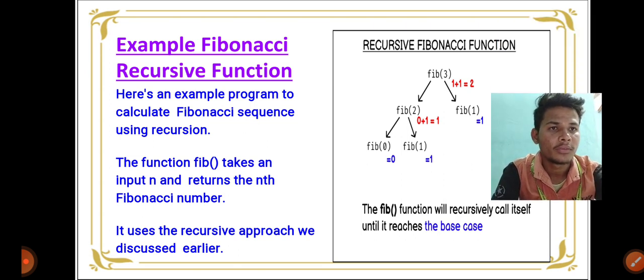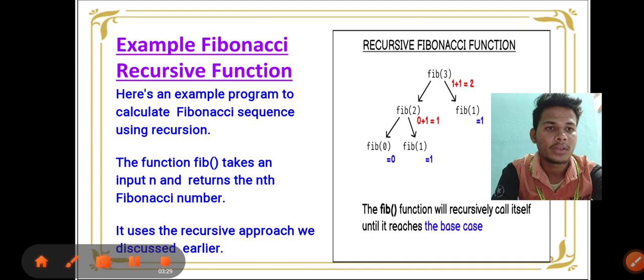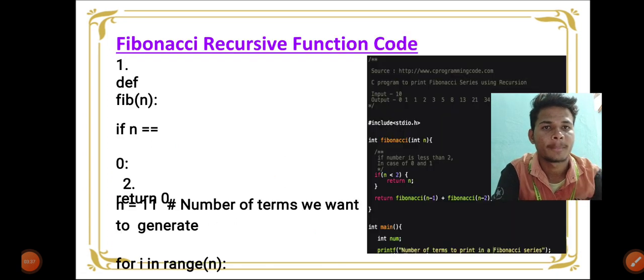Recursive Fibonacci function: fib(3) = fib(2) + fib(1), where fib(1) = 1, fib(2) = fib(1) + fib(0) = 1 + 0 = 1, fib(0) = 0, fib(1) = 1. The fib function recursively calls itself until it reaches the base case.